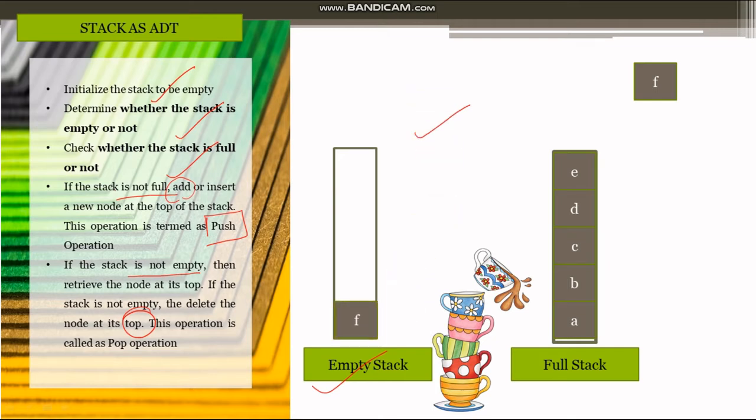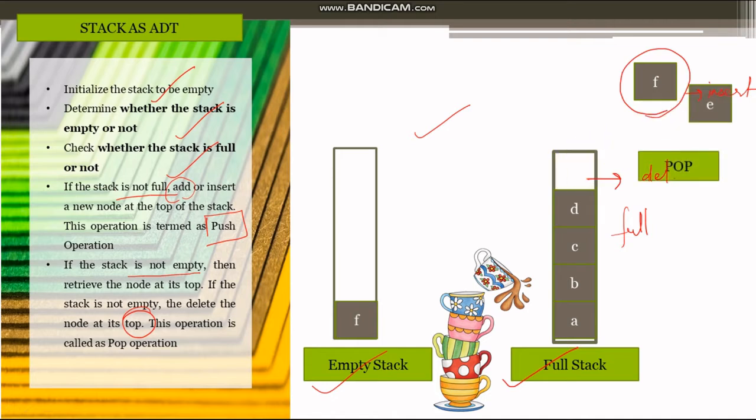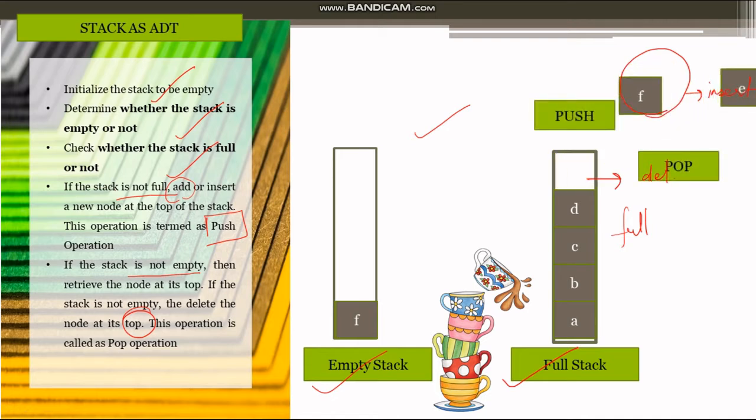On the other side, we have a full stack, and if we want to accommodate an element F into this stack, we can see that it is a full stack. So first we need to delete the element E and we need to insert the element F. So we have two operations that are performed here. First we will be popping the element E and then we would be pushing in the element F.